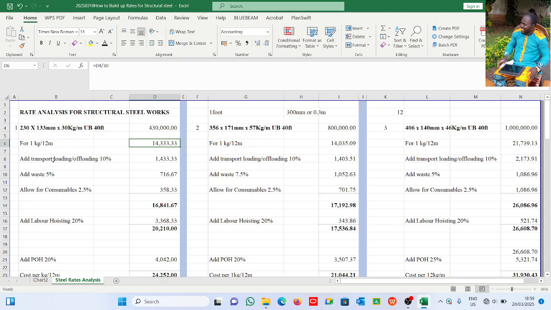Now of course these sections are usually very heavy, so we'll allow for transportation, loading and offloading 10%, and stacking also, because you have to stack them. Definitely you're going to have waste. You have to have your cut waste.